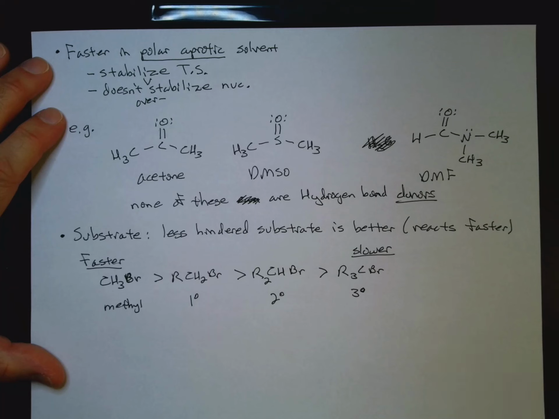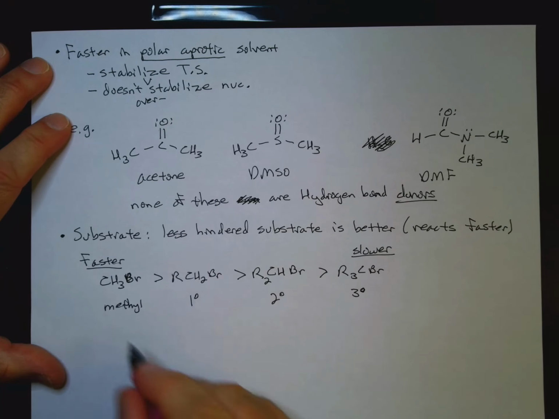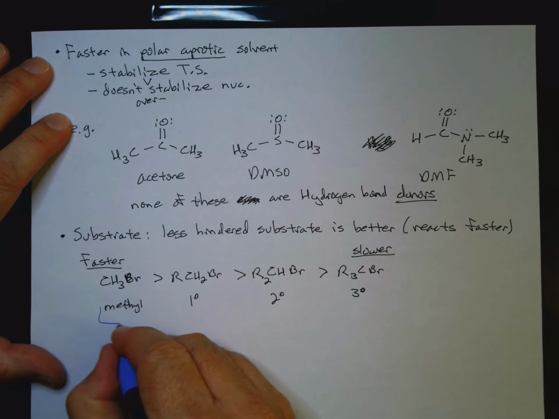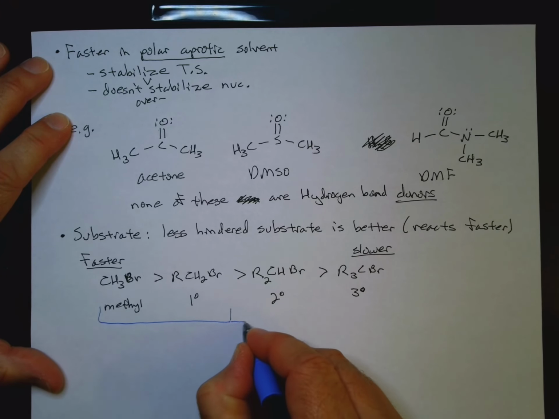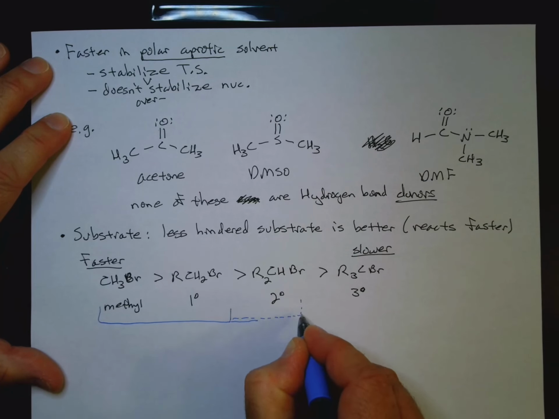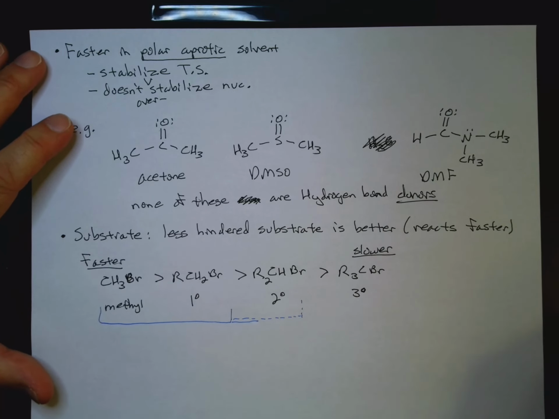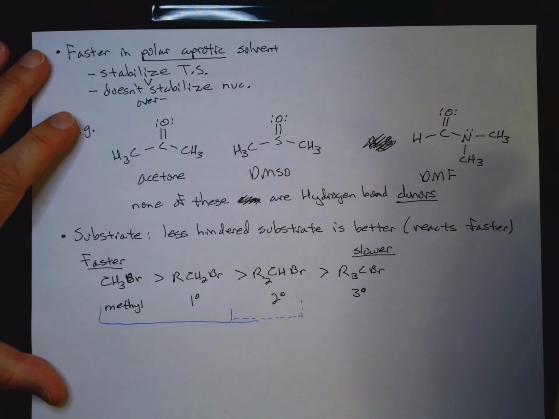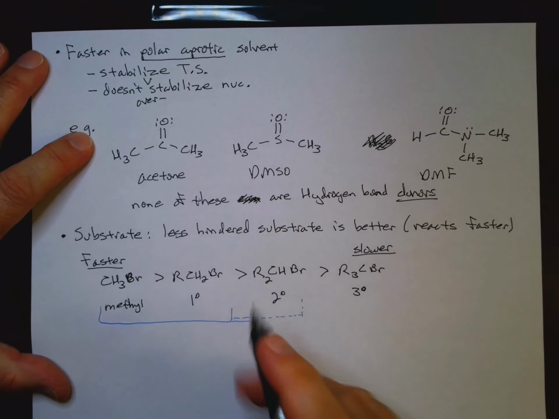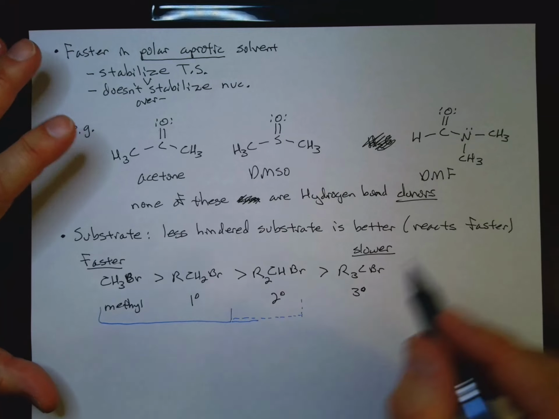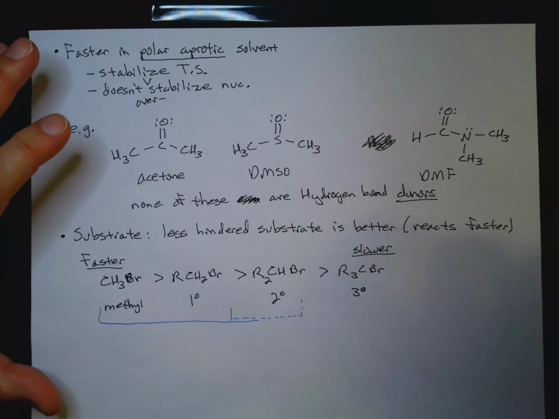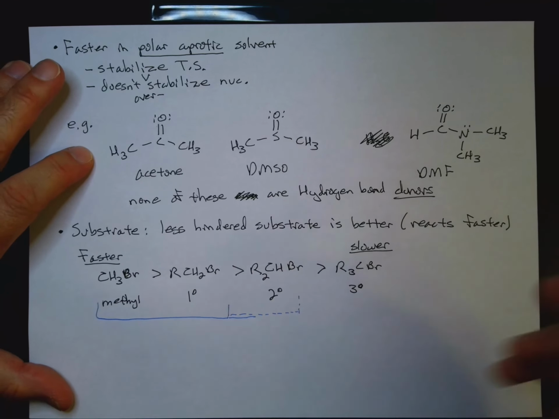And really, what we have here is methyl and primary are favored, and secondary can do SN2, but a bit slower. The reason for that is that the additional substituents will block the backside of the carbon from nucleophilic attack.